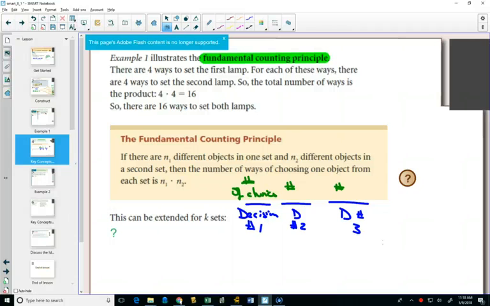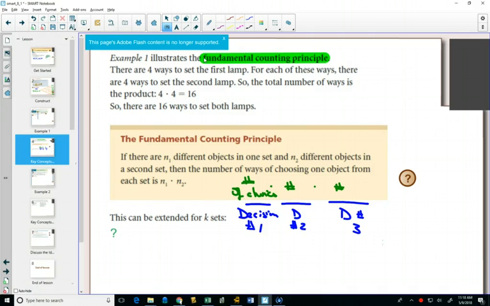So how many choices do I have for decision number 1? How many choices do I have for decision number 2? How many choices do I have for decision number 3? And so on. And then we multiply all of those numbers together to count the total number of options possible.